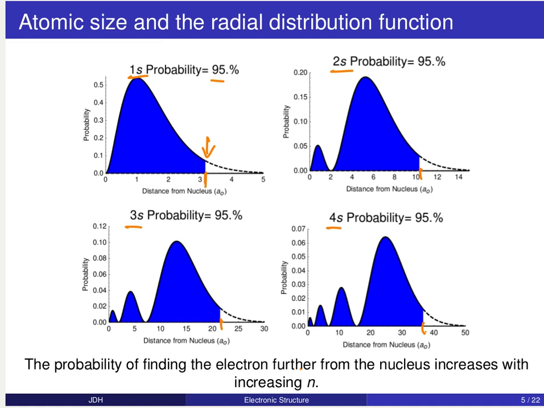In other words, as n gets bigger, as you go down the periodic table, the atoms increase in size. So we get larger atoms.